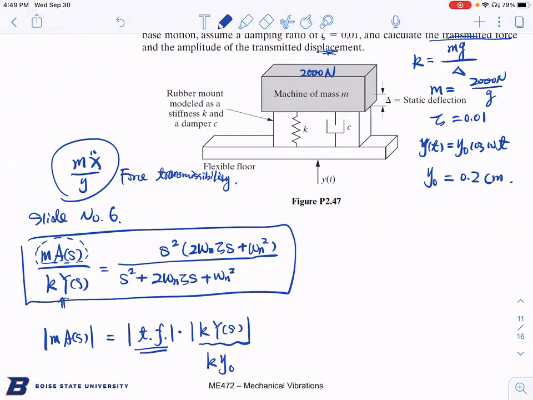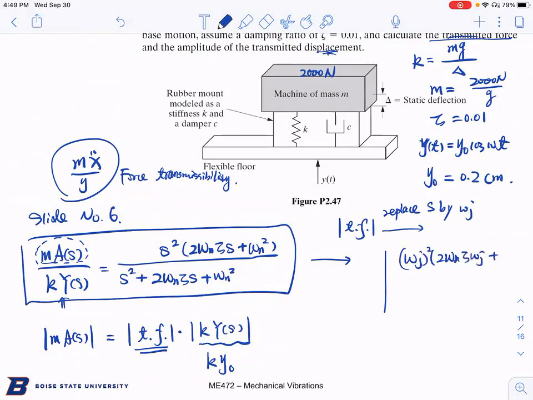For the magnitude of your transfer function, you replace s by omega j, giving 2 zeta omega j, and then you calculate the magnitude of this complex number.